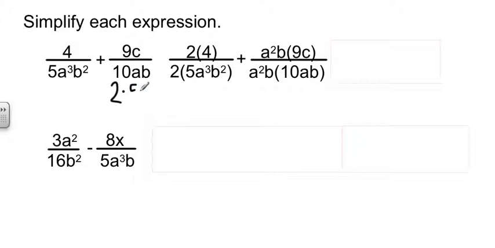Ten is 2 times 5. So this one over here needs a 2, so that I can make them match, they each need a 2. They already both have a 5. This one's got 3 A's, this one only has 1, so it needs 2 more A's.